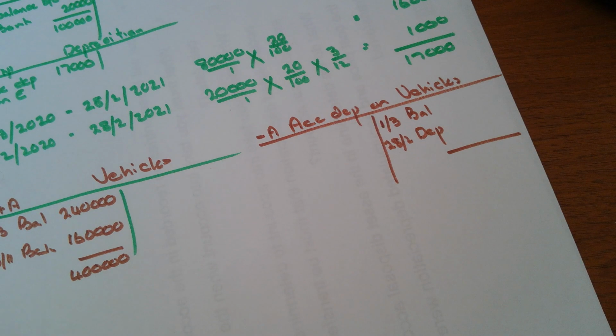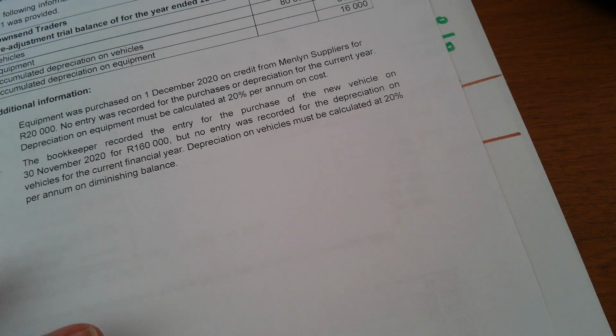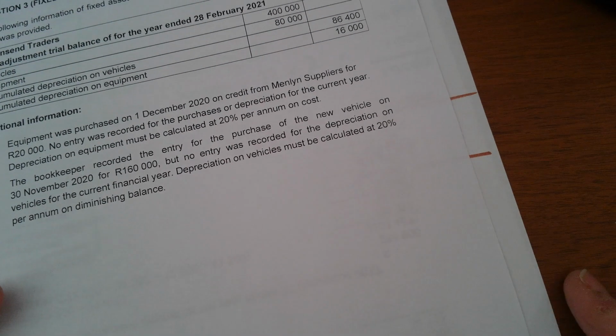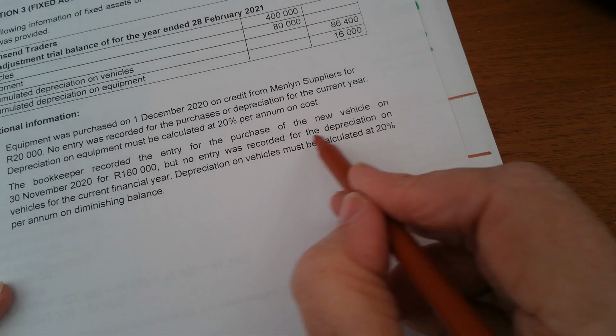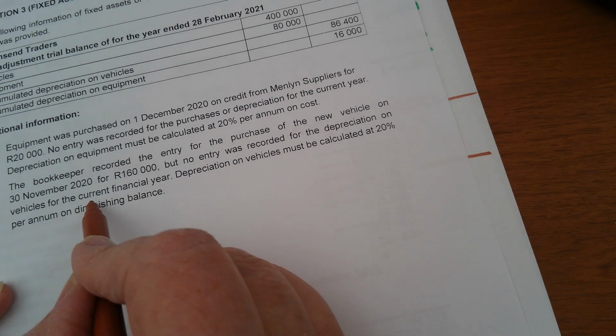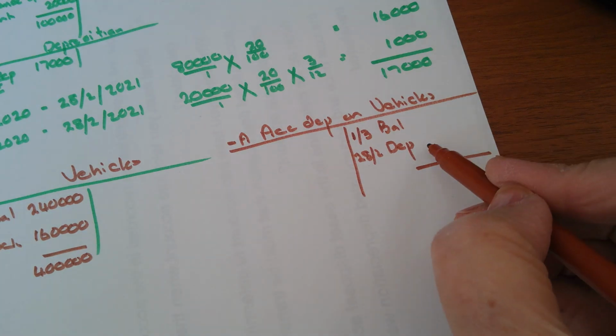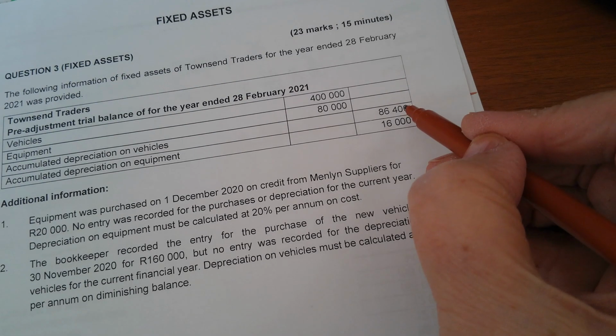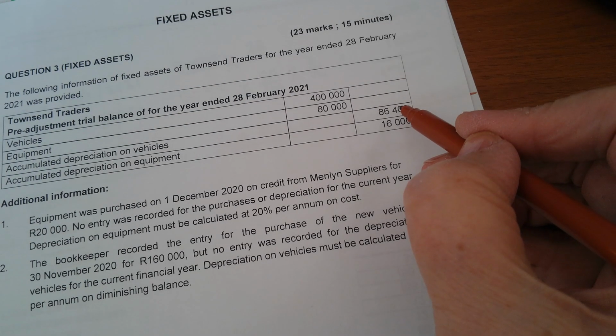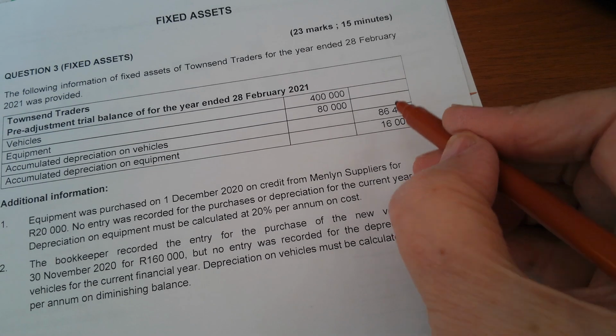Okay, then for the accumulated depreciation, we must also determine whether they've already done it or not, but no entries were recorded for the depreciation for the current year. So that means they didn't do the depreciation for the year, so the accumulated depreciation that's given to us is my opening balance.